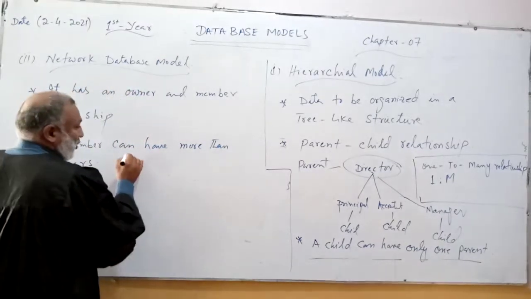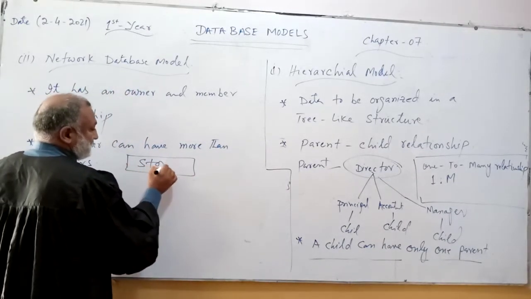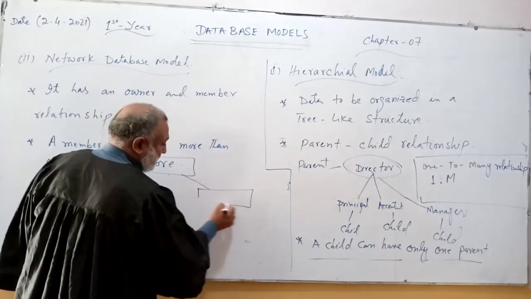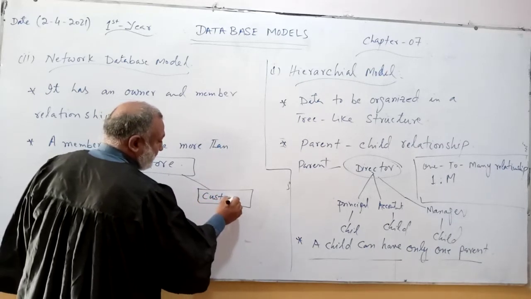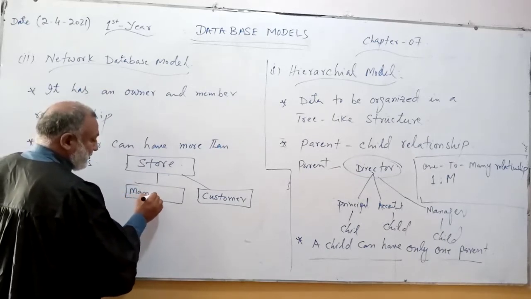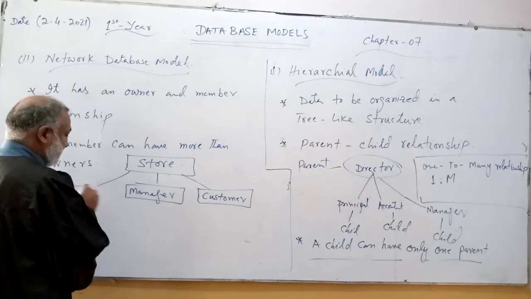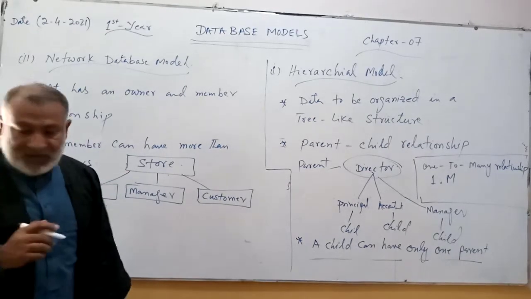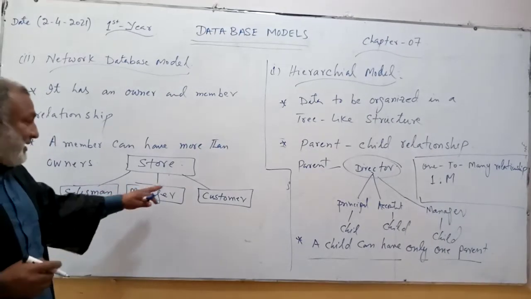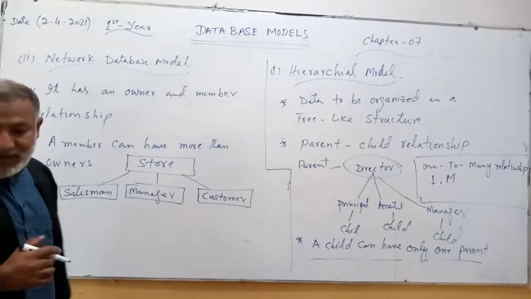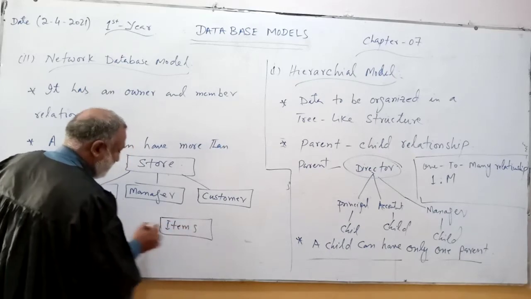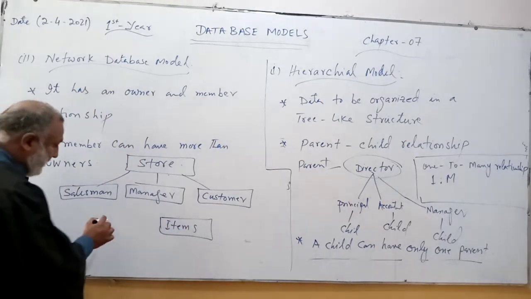For example, we have a store, and there is a customer, a manager, and a salesman. Here you can say, okay, single parent, many children. But when it comes down, we have items and we have orders.